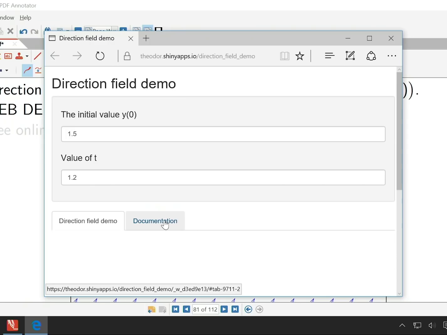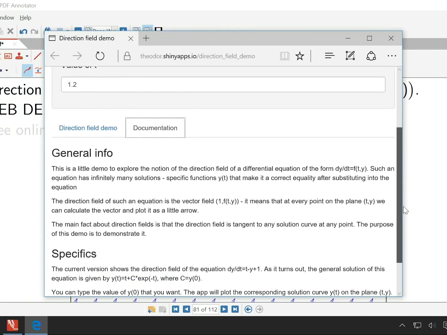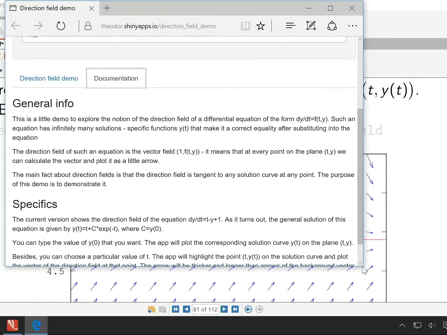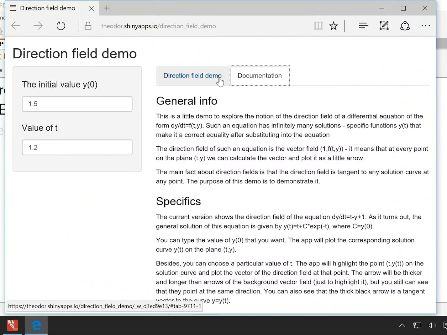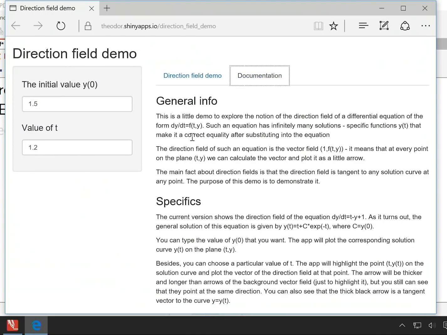So this is the direction field of the differential equation dy/dt equals t minus y plus 1.